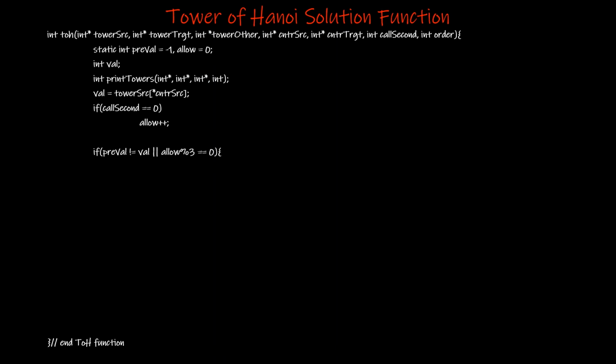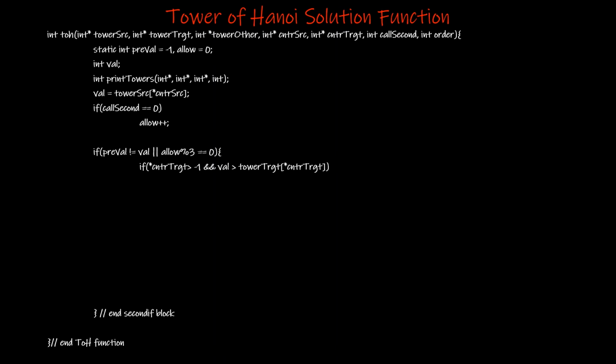If that is the case, we allow the control to go within the if condition, or we check whether allow percentile 3 is equal to 0. Now if this is true, we go into the if block, right?